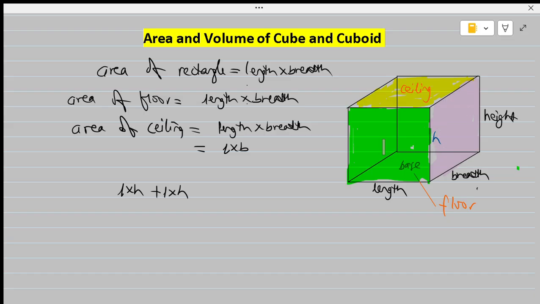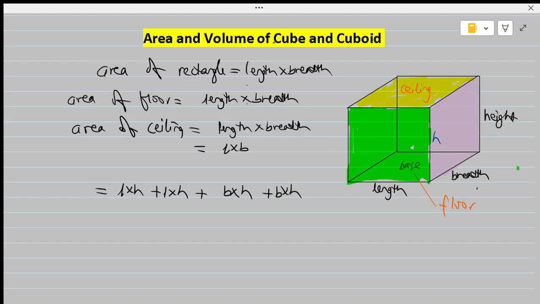Its two dimensions are breadth and height, and their product gives the area of the wall along the breadth, B into H. The same wall exists on the opposite side also, so its area is also B into H.